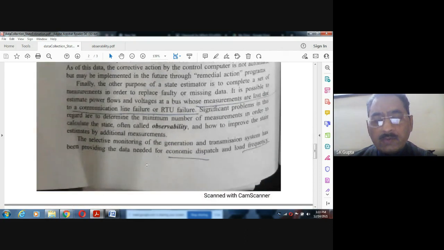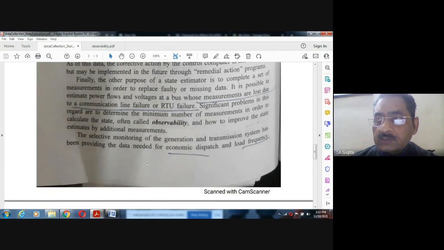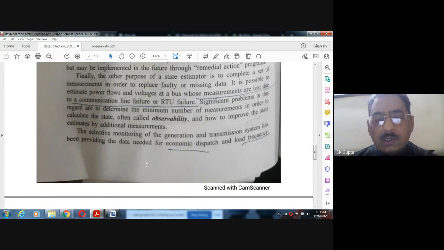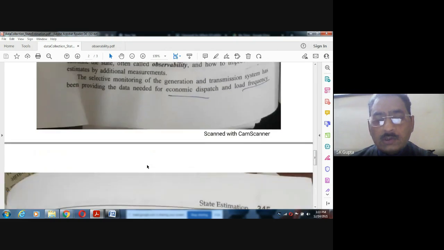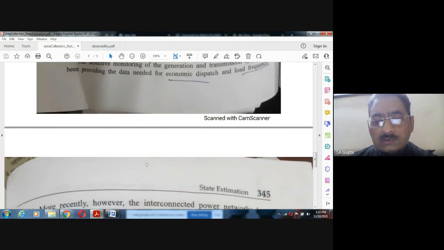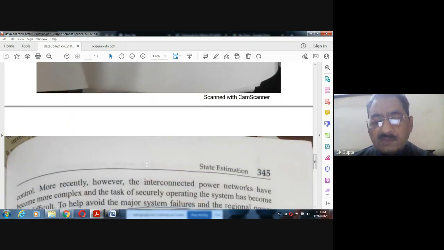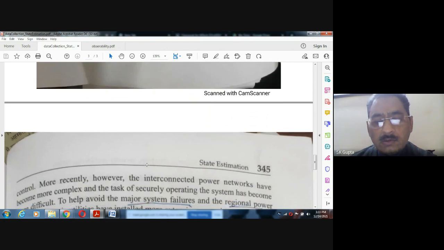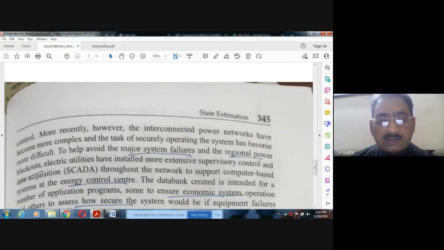whatever analysis is performed, analysis means power flow analysis, economic dispatch analysis, load frequency analysis, security contingency analysis, any type of analysis is done to take the appropriate decision, and this is only useful if we do the state estimation.